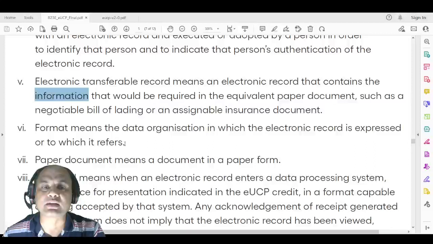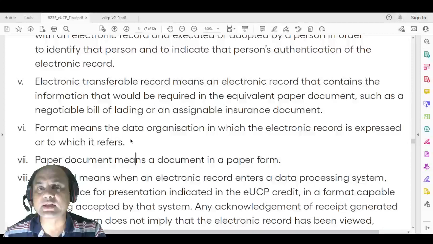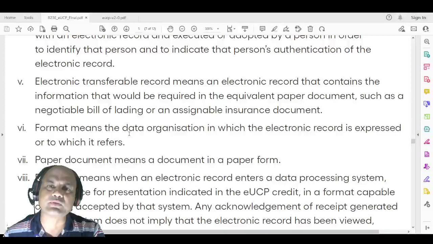This example we generally get in guarantees. Government organizations, when they require guarantees, say they require the guarantee from the executor or the bank in this format only. So that format is specified.